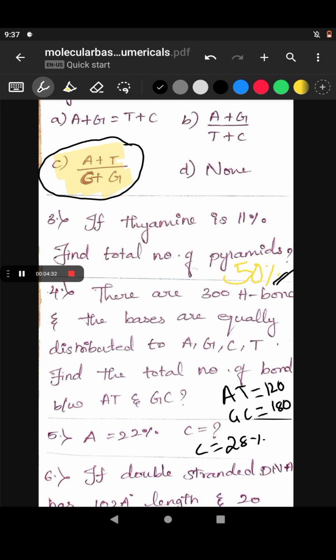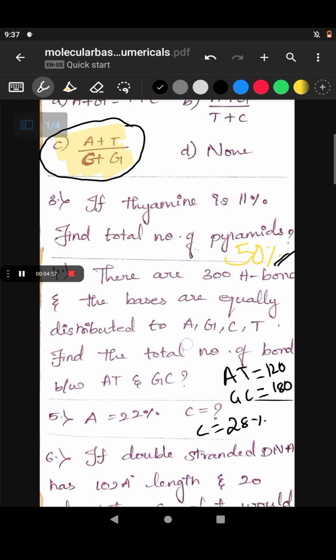So to find the total number of bonds between AT and GC: adenine and thymine, 60 into 2 is going to be 120. Guanine and cytosine have triple bond, so 60 into 3 is 180.